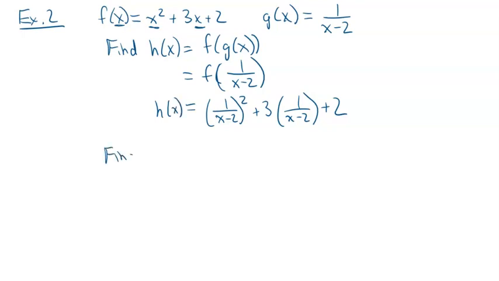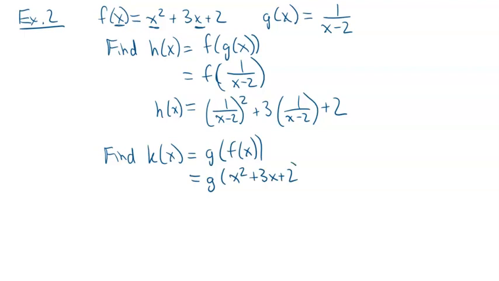If I asked you to find k of x, and that was equal to g of f of x, well, we know that f of x is x squared plus 3x plus 2. So we're replacing the f of x with that function. And so now everywhere we see the x in the g of x function, we're replacing it with x squared plus 3x plus 2.